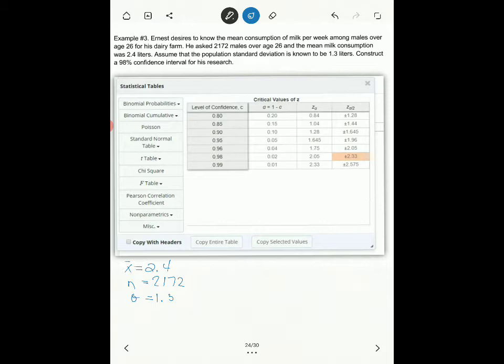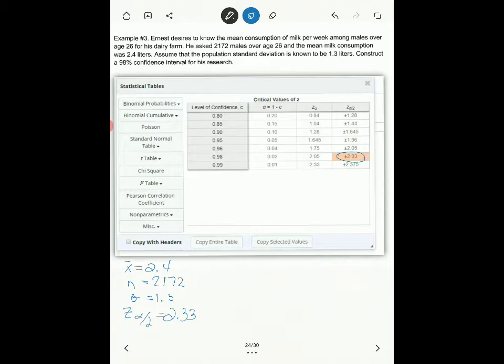So to use this table, we would go to the critical values of C table, under the statistical tables. So you go to level of confidence C, and you find the 98%, and your Z sub alpha over 2 is 2.33.